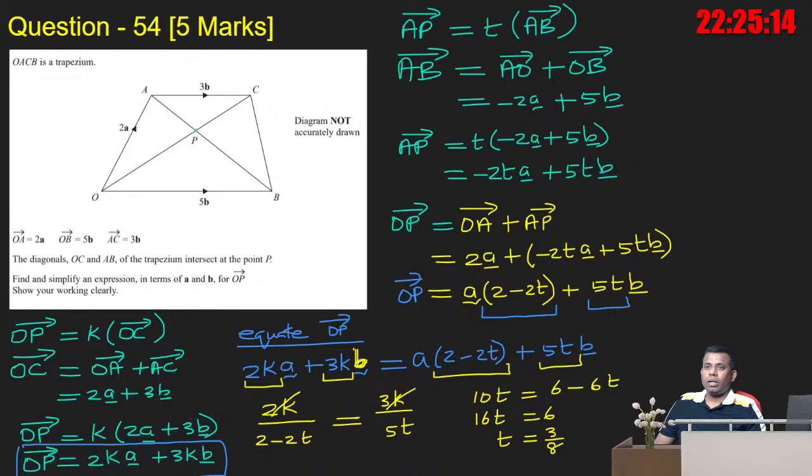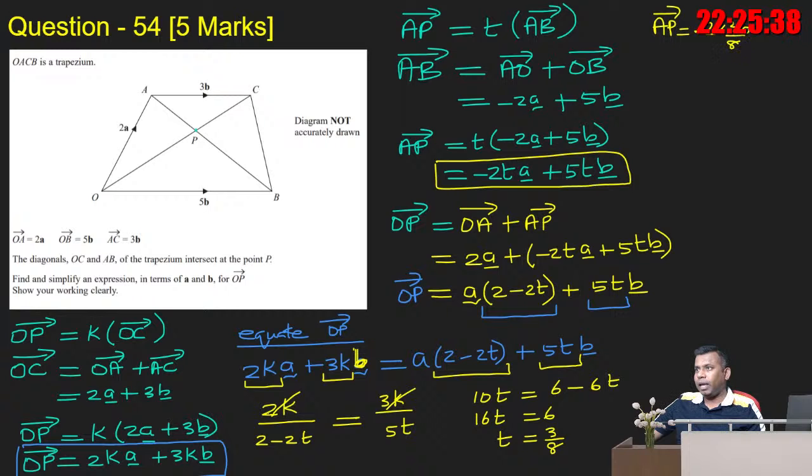So t equals 3 over 8, and we already know AP. This is the equation I'm using: minus 2t times A plus, oh, I think my writing is behind the timer.